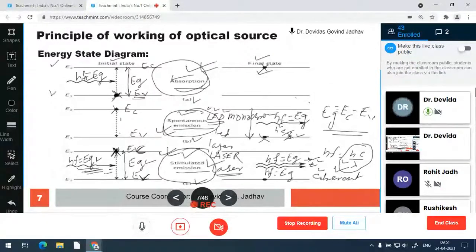As they have the same direction and same phasor relationship, they are coherent. So monochromatic and coherent photons are emitted in stimulated emission, and this is majorly observed in lasers. So absorption takes place in detectors, spontaneous emission takes place in LED, and stimulated emission takes place in laser diodes.